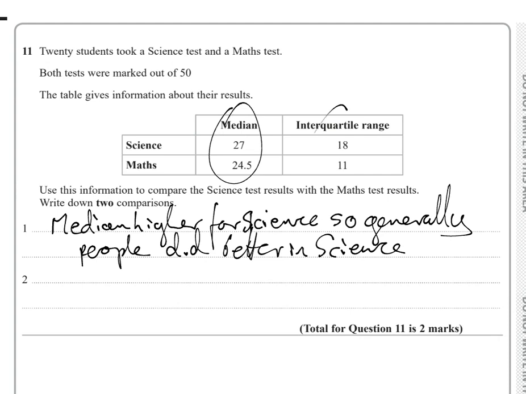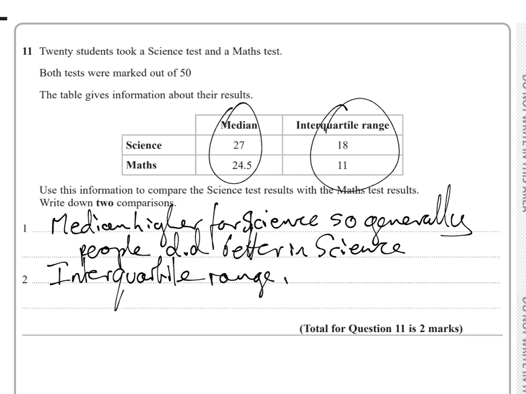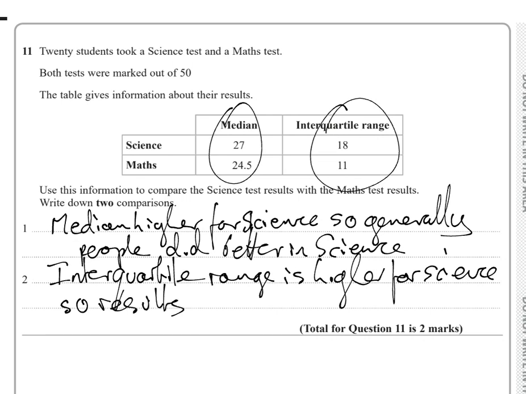Then we've got the interquartile range. The interquartile range is higher for science, so results are more spread out.